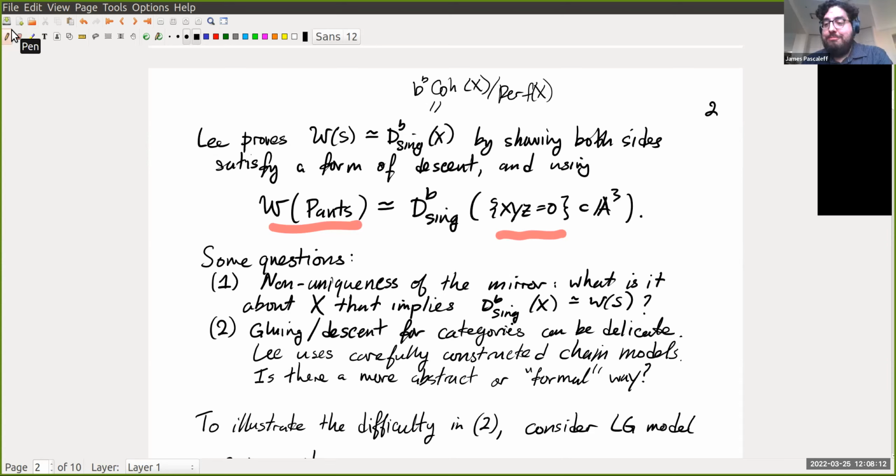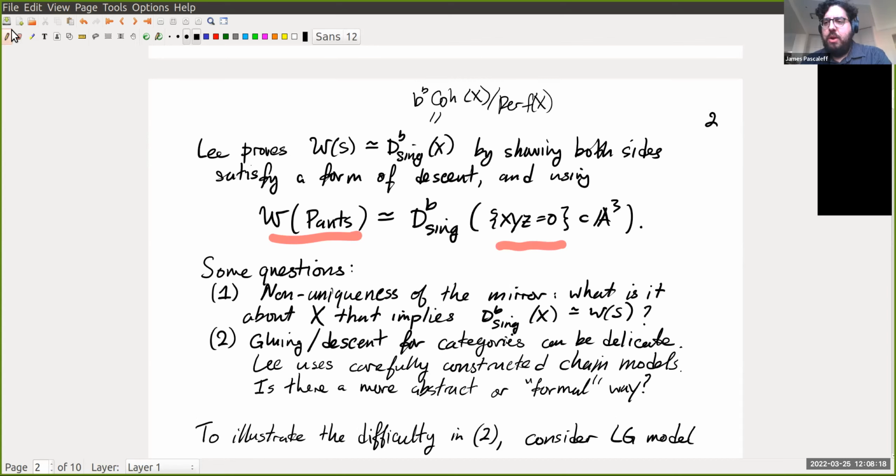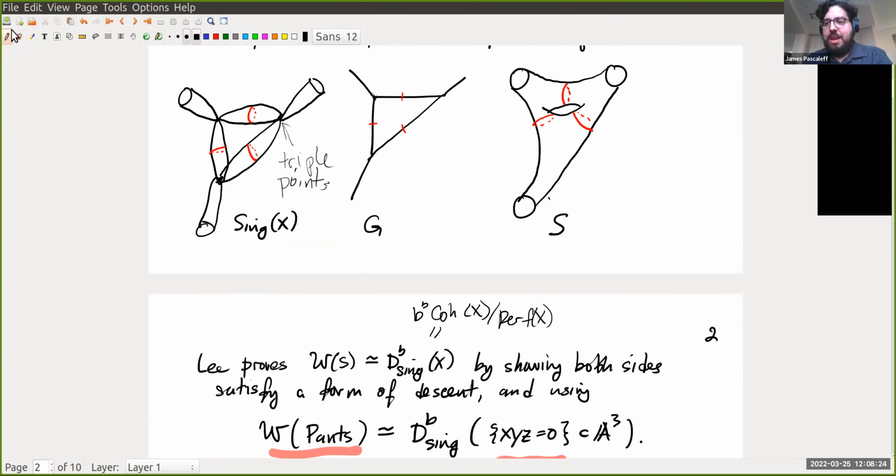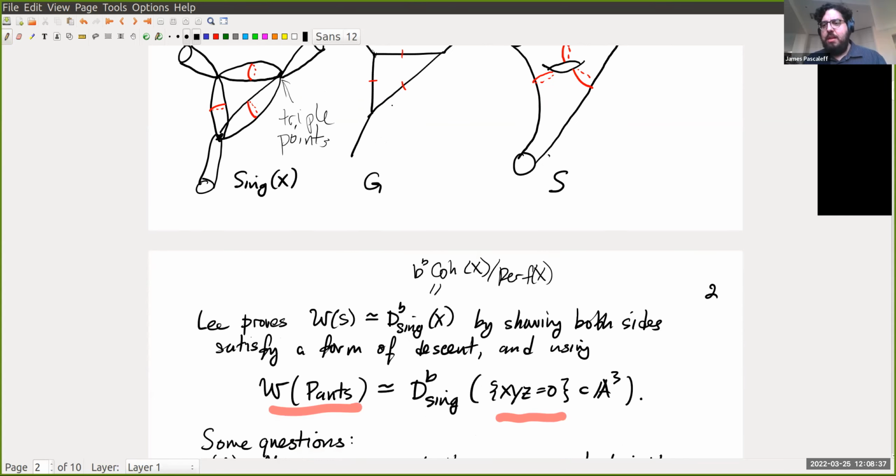One thing is that the mirror is extremely non-unique, because, right, these are punctured Riemann surfaces. So there's two things: there's the genus and the number of punctures. Those are the two numbers that classify those surfaces. Whereas for toric Calabi-Yau threefolds, the combinatorics you can get for this graph can be very complicated.